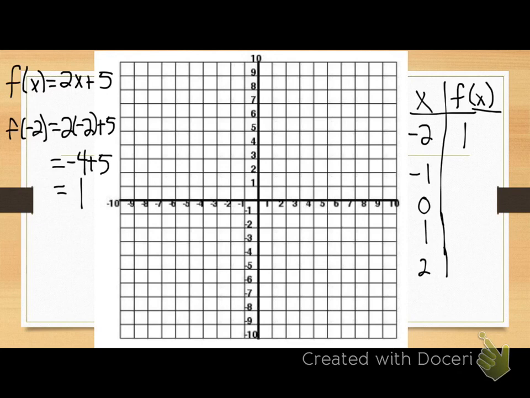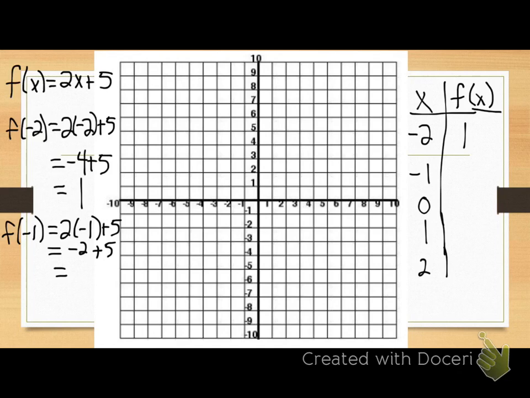Everyone okay with that? Then I'm going to do the same thing for -1. Plug -1 in. F of -1 equals 2 times -1 plus 5. What's 2 times -1? -2.